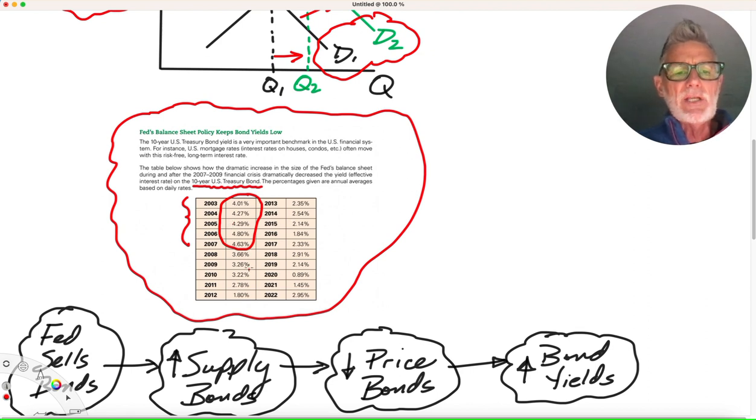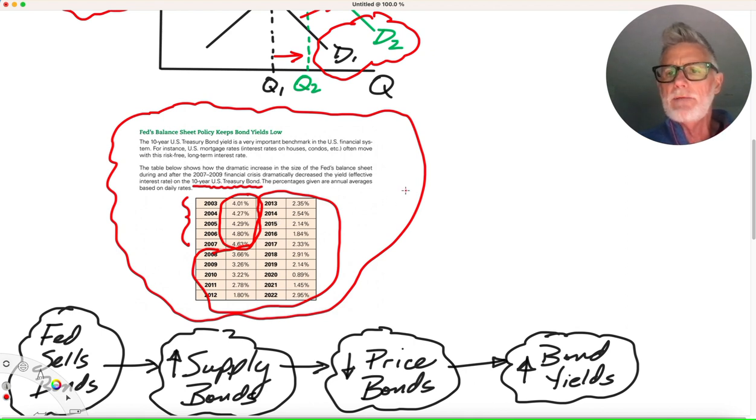Why have bond yields dropped so dramatically from 2008 to 2022? Why have these bond yields dropped so dramatically? Look at in 2020, the bond yield on the 10-year government bond was less than 1%. How did that happen?